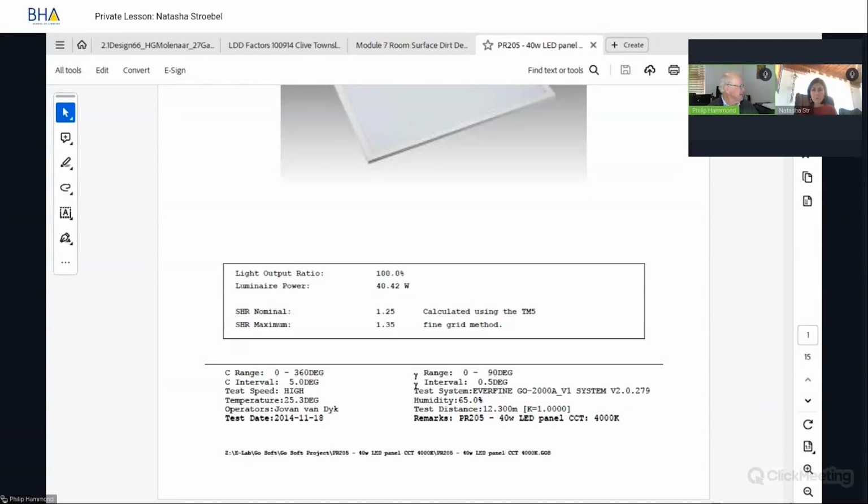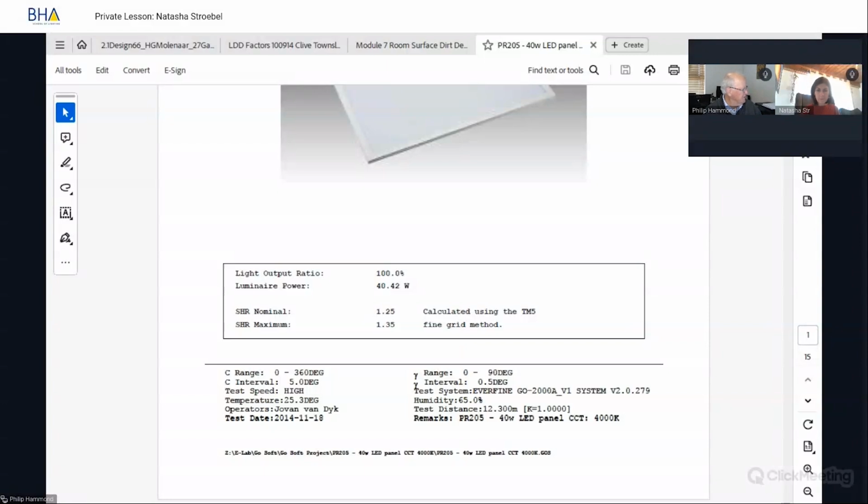So it tells you that, it tells you what the wattage is, and it will tell you what the SHR stands for, a surface to mounting height ratio. It tells you something about what the spacing should be from the side and lengthways.